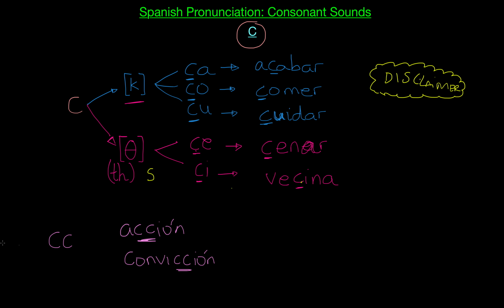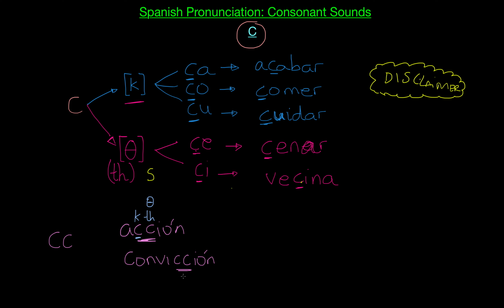When we come across two Cs together, the first one will sound like a K, ak. And the second one will sound like a TH, like the British TH, or this little symbol, th. So this word in Spanish is acción.